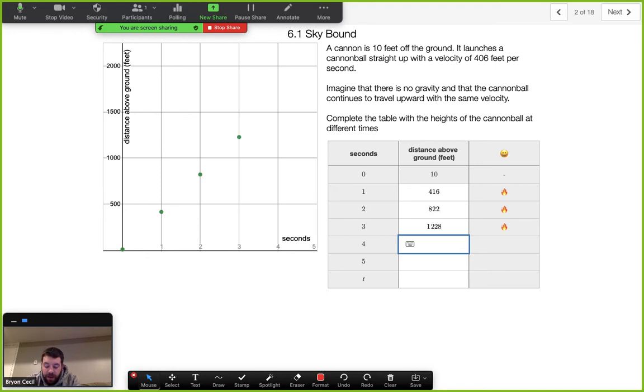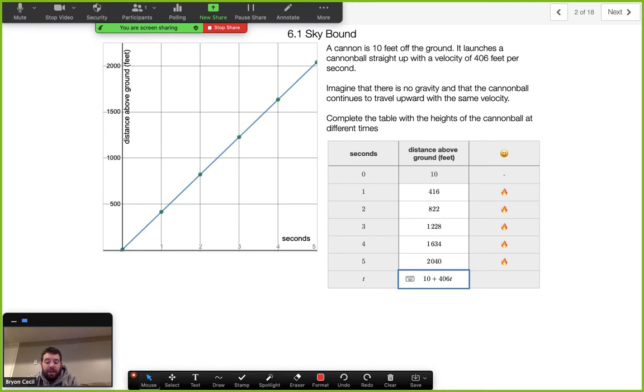Then we add another 406, and I'm going to get 1,634. And then let's just do it one more time, and we're going to get 2,040. Since there is no gravity, we started at 10, and we are adding 406 for every second. And we can see the line there that it's on.